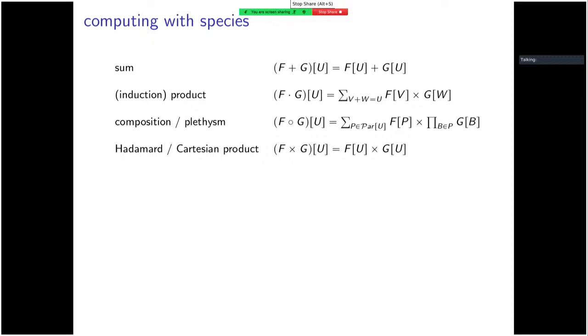To make these two sets disjoint, we remember from which species it came from. So we indicate a little f or a little g, something like that. For group actions, that's just the direct sum.